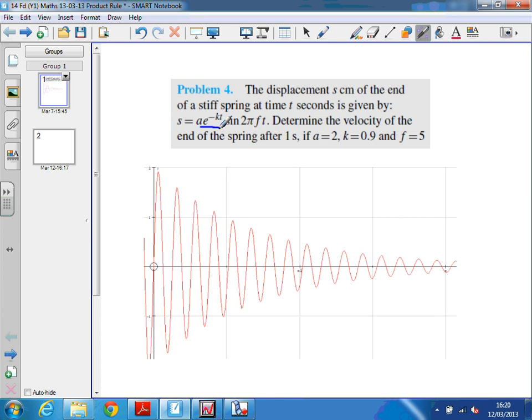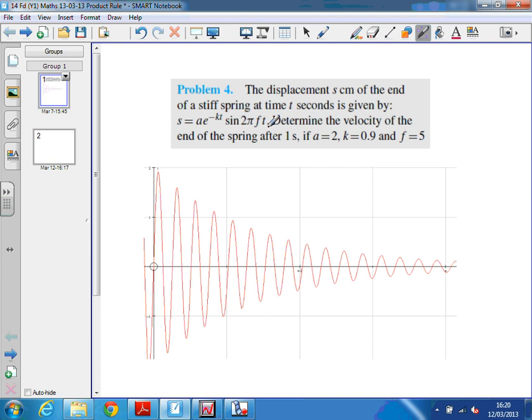So you can see by looking at this that the amplitude of the sine function is dropping off exponentially. Okay? So you've got one function on top of another, or one function multiplied by the other. Time in this function, time in this function. So this question involves a function where the independent variable, in this case time, appears twice.